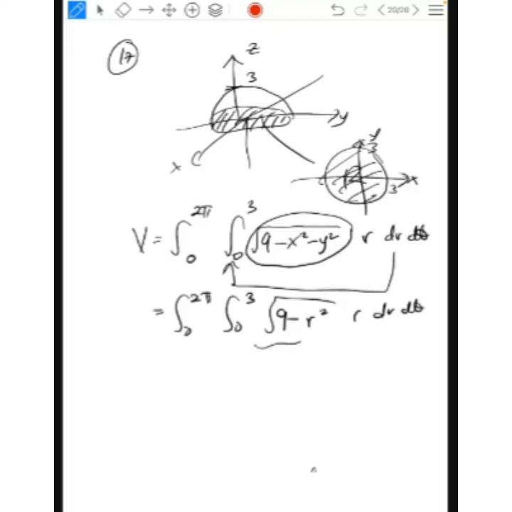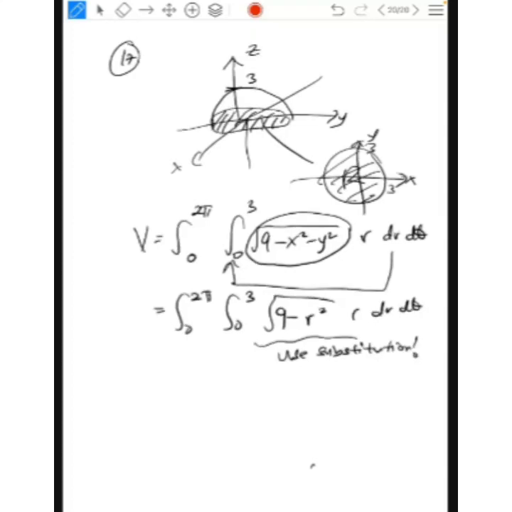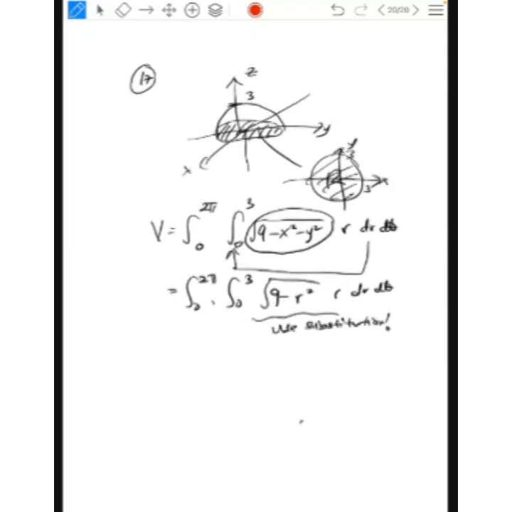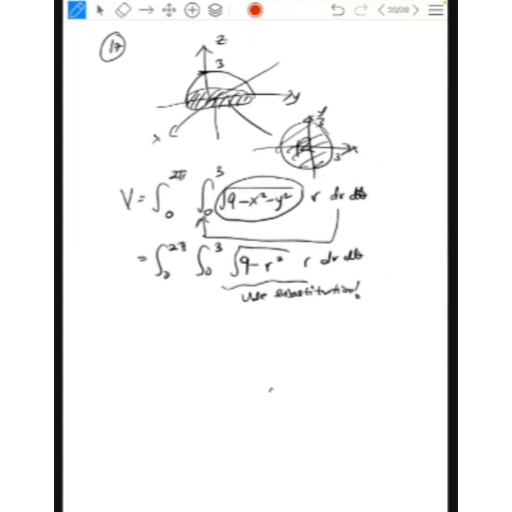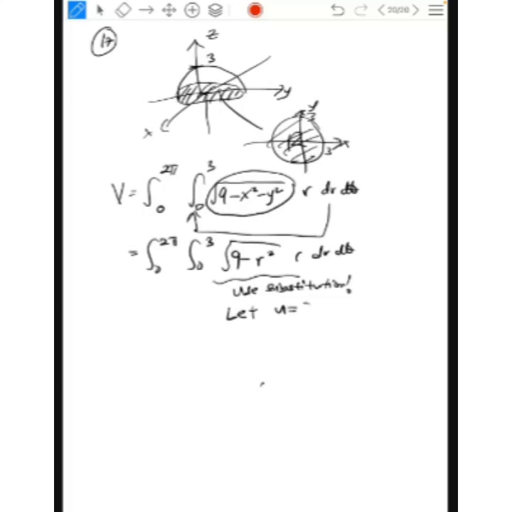Okay, so again this one you have to use substitution. Okay, since this is the last question, let us solve for this one. Let u equals 9 minus r squared. So du/dr will be 0 minus 2r. So r dr is here.